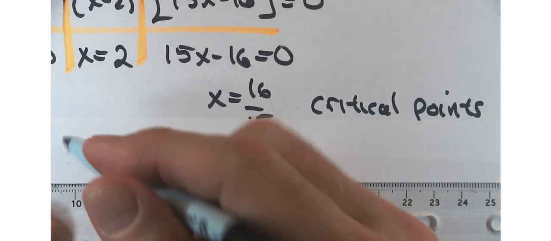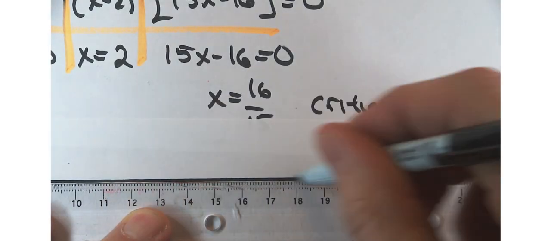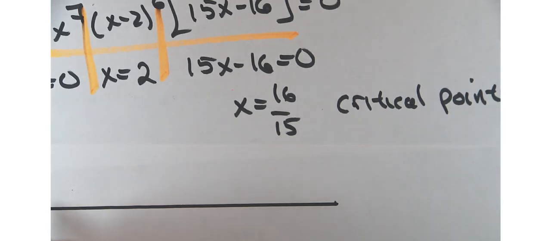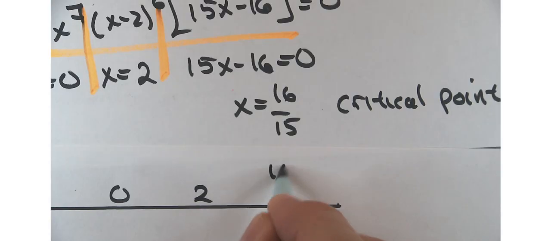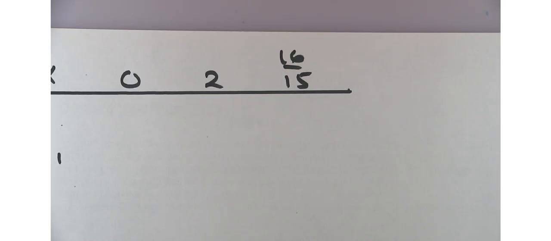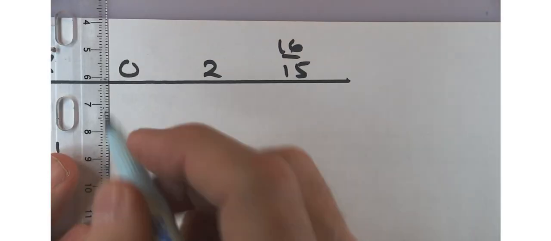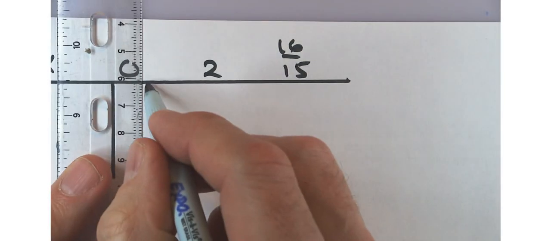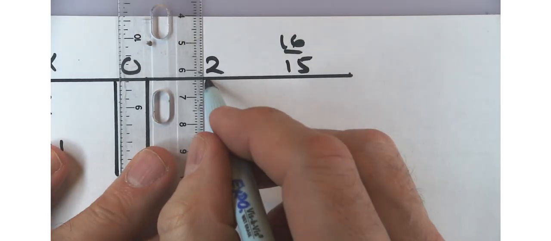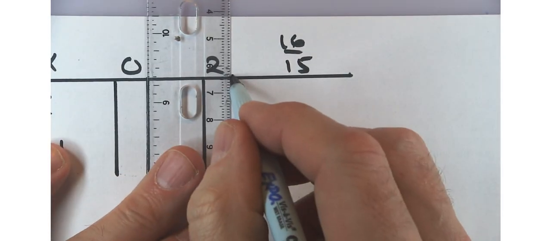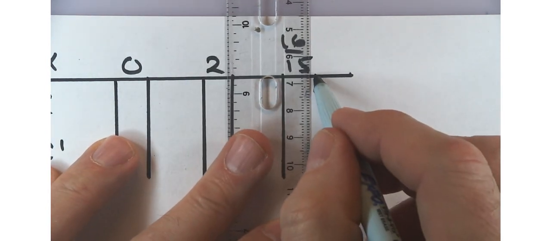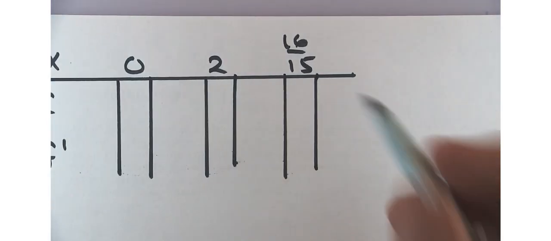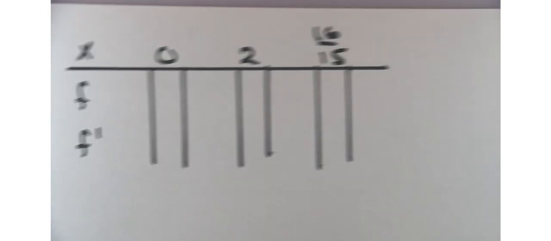So let's do that. x, f, f prime, 0, 2, and 16 over 15. So we know the function is 0 at these points. That's fine. But we don't know the nature of these points. And that leaves me with a lot of work to do. So just try and decide if these are minimums or maximums or what's going on with these particular points.